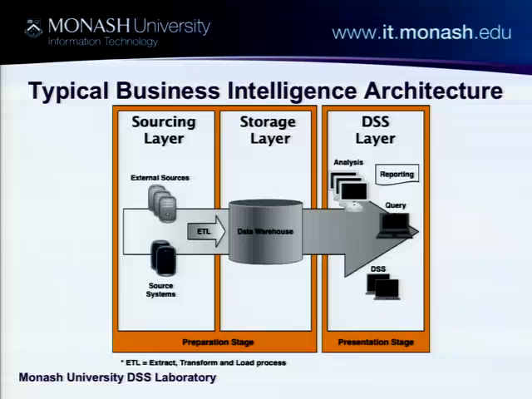This is why I prefer to talk about data warehousing as a process rather than a technical artefact. Because we're moving information from source systems, bringing it together through the ETL process, extracting, transforming, and loading that data into the data warehouse, and then pushing that data out or making it available for pulling from people who are actually interacting with decision support systems and other kinds of analytical systems.